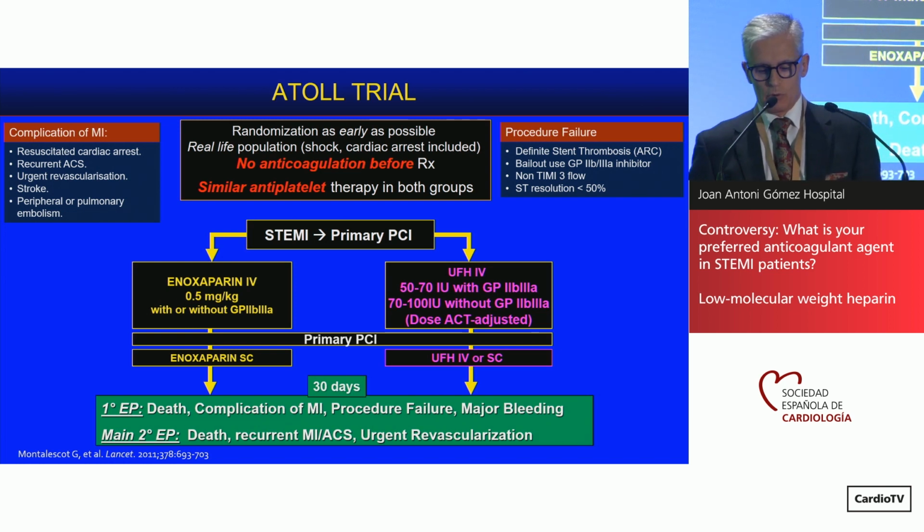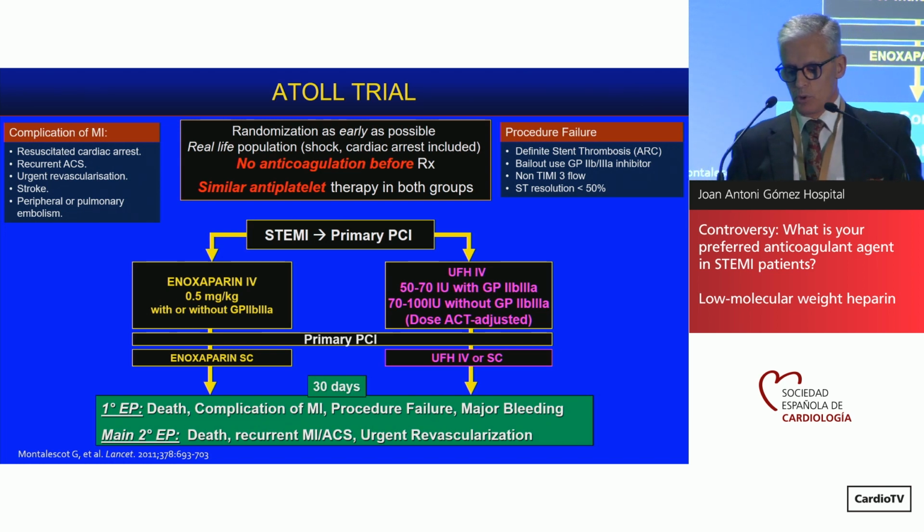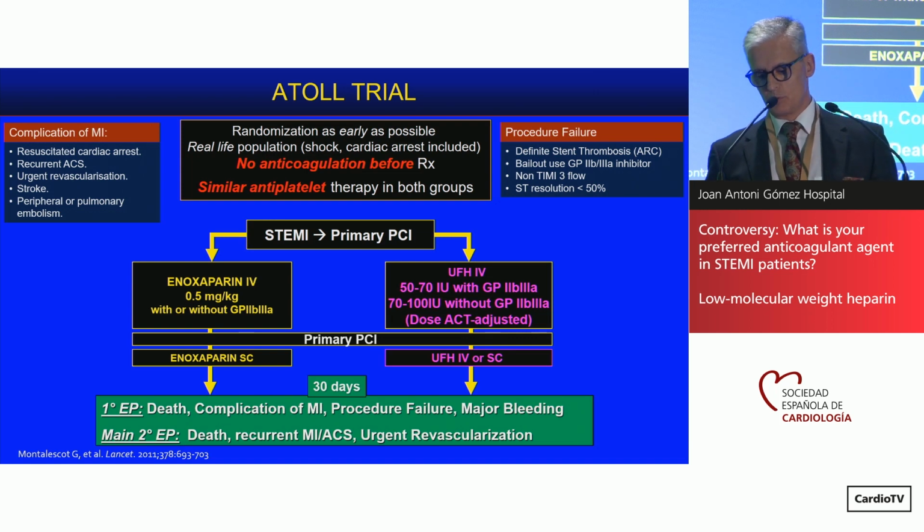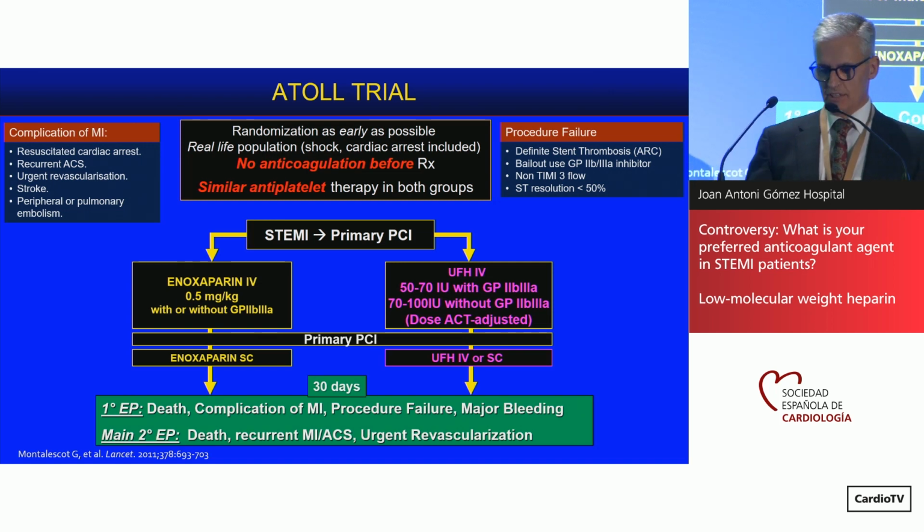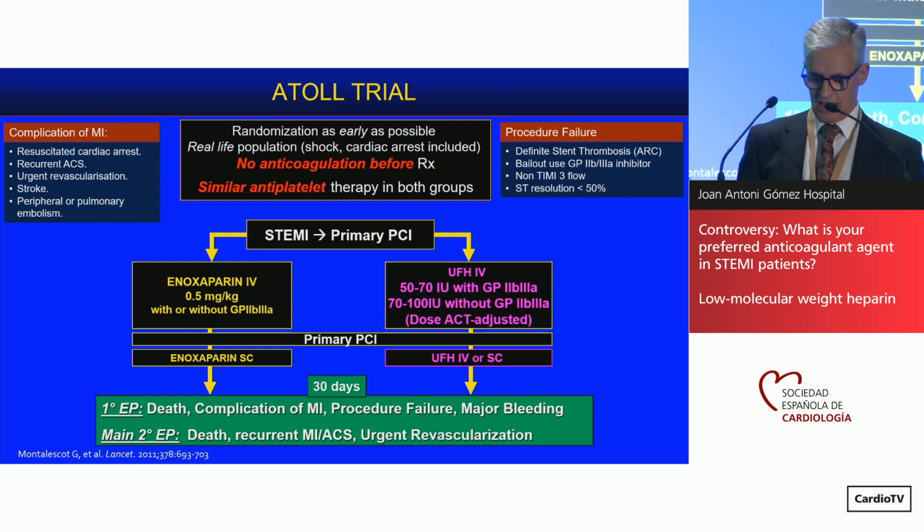And the procedure failure was defined as definite stent thrombosis, bailout use of 2B3A inhibitors because of complications during the procedure, non-TIMI 3 flow at the end of the procedure, or ST resolution less than 50% at 30 minutes after the procedure. The secondary endpoint was death, recurrent MI or acute coronary syndrome, or urgent revascularization.